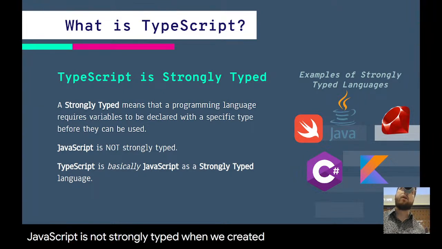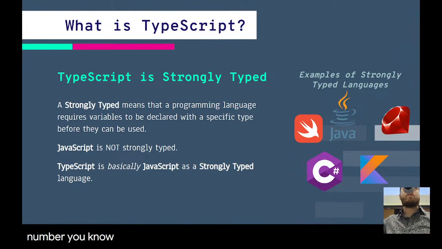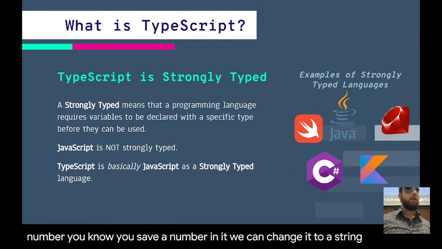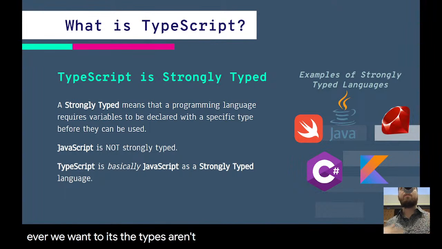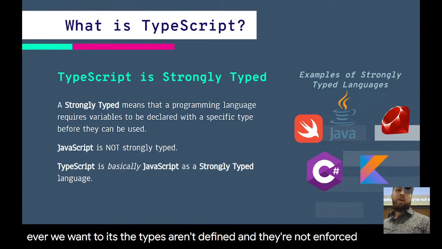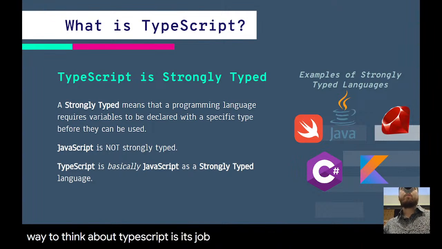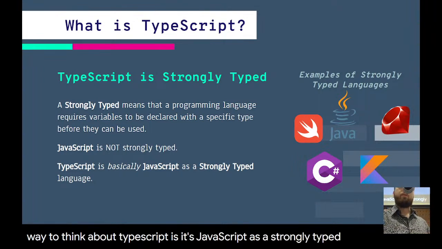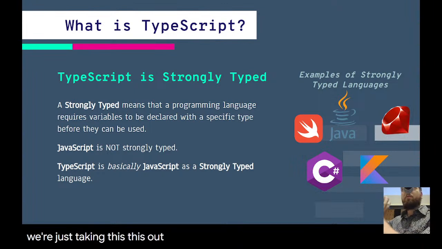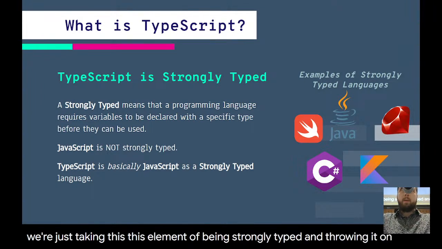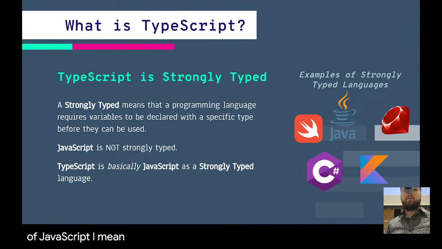When we create a variable with let and save a number in it, we can change it to a string whenever we want to. The types aren't defined and they're not enforced. And so one way to think about TypeScript is it's JavaScript as a strongly typed language. So we're just taking this element of being strongly typed and throwing it on top of JavaScript, not Java.